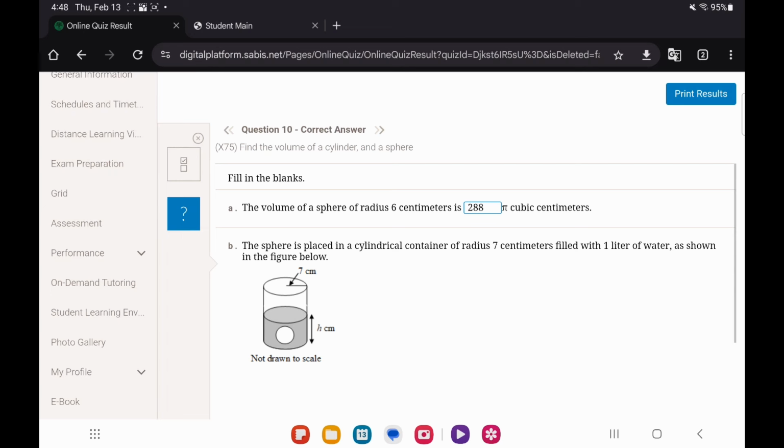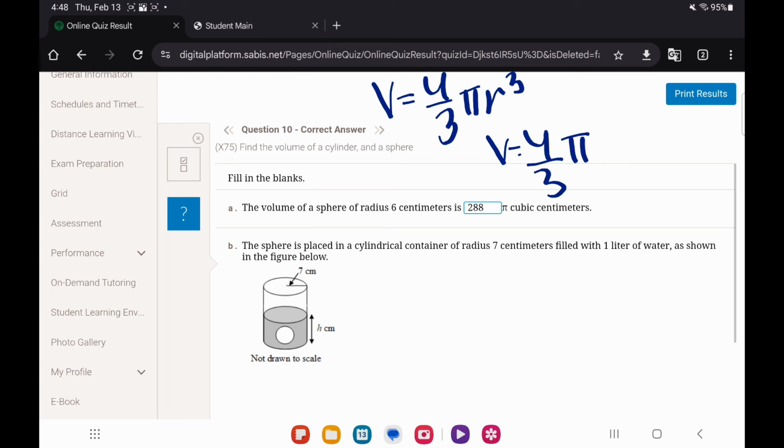For this question, there's also another equation for volume we need to remember. It's V equals 4/3 pi r cubed. Don't forget, it's cubed, it's not squared. So here we substitute the values. 4/3 pi, r is 6 centimeters, so 6 cubed. 6 cubed is 216.